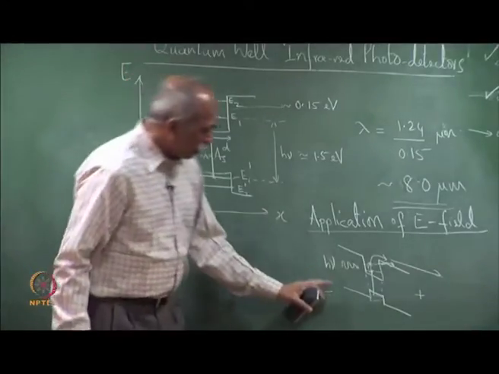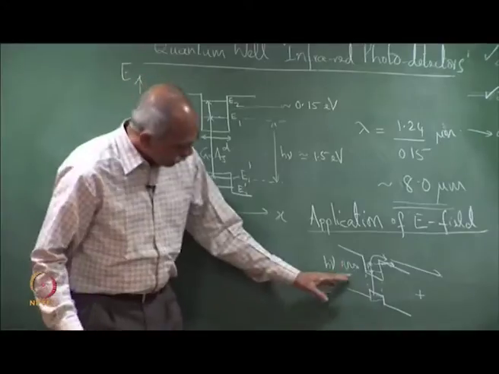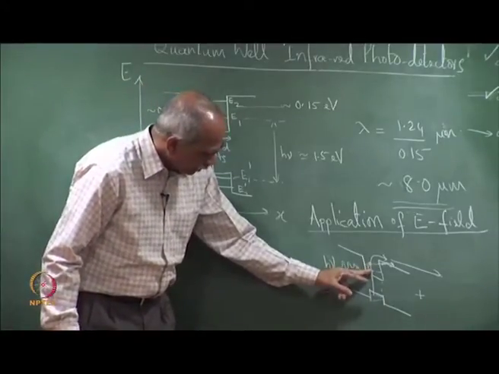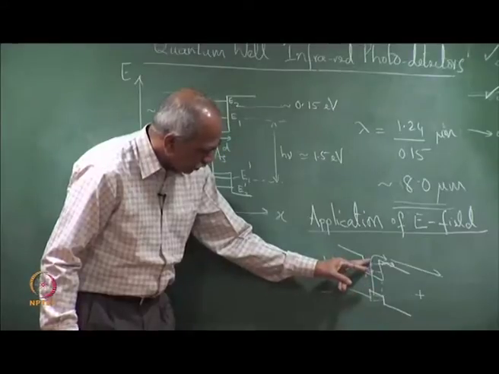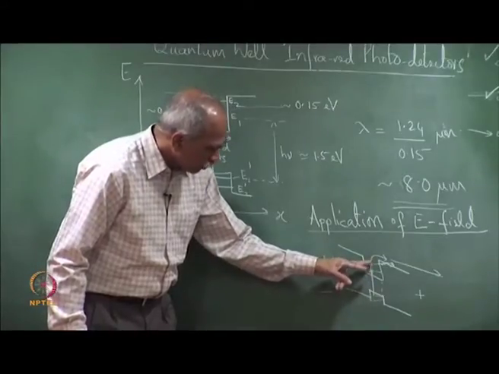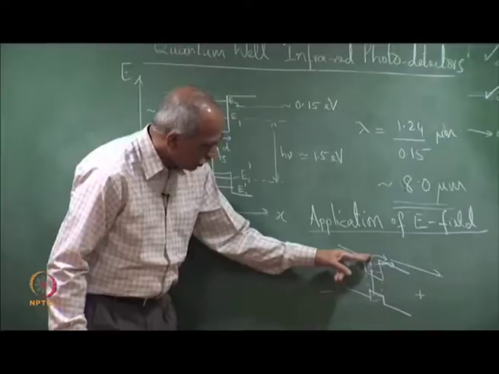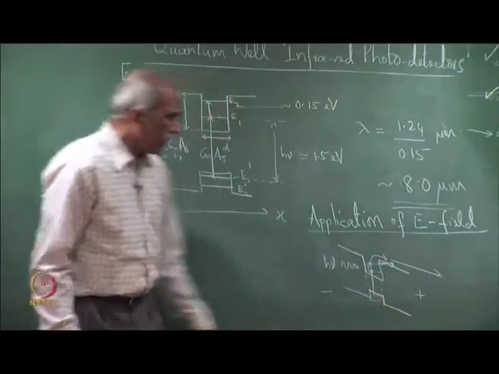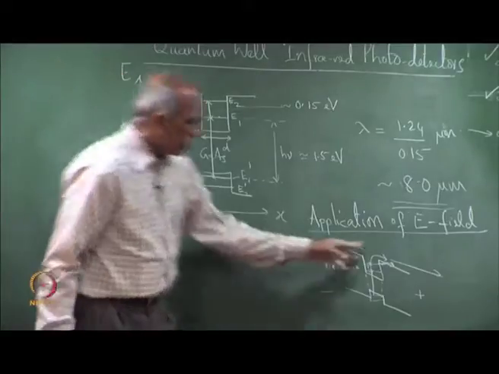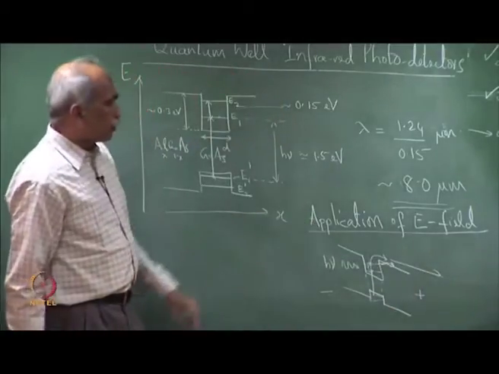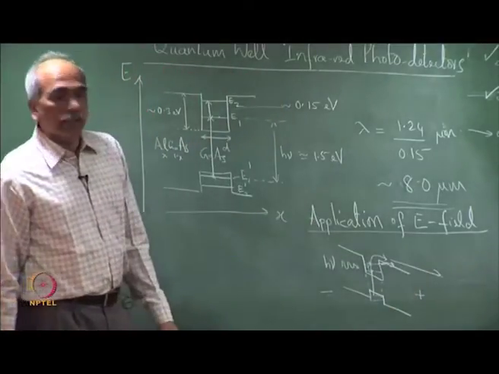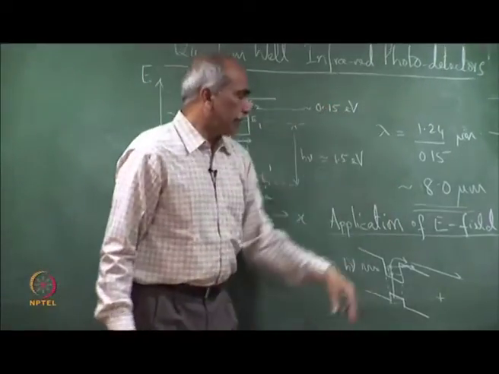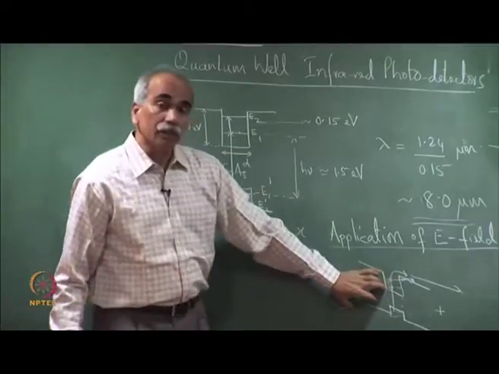So, the basic mechanism is this: an incident photon creates an intersubband transition, the electron which has moved to the excited level is ejected or moves over the barrier and is collected, which contributes to the photocurrent in the external circuit. So, quantum well infrared photodetectors are based on this principle.